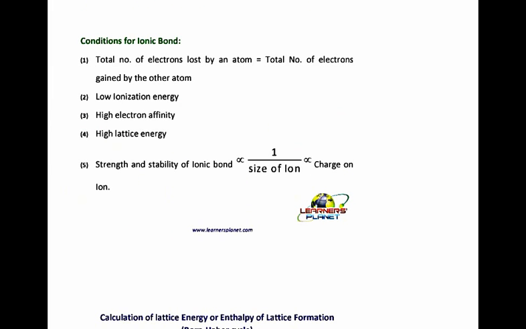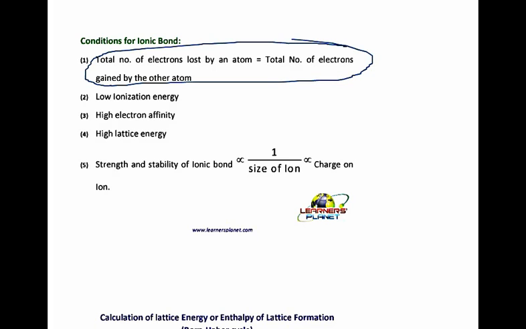So therefore, we have now known how the formation of an ionic bond arises. There are a number of conditions or factors that are helpful for the formation of an ionic bond. Firstly, the total number of electrons lost by an atom is equal to the total number of electrons gained by another atom. If I consider sodium chloride as my example, sodium chloride is formed by the Na+ ion and the Cl- ion.